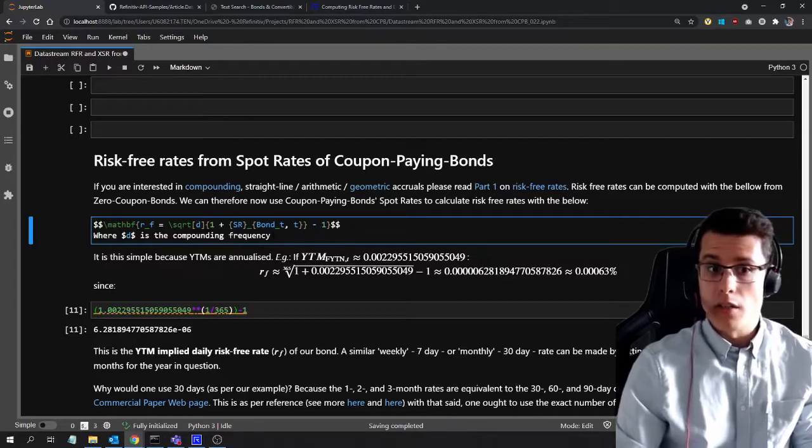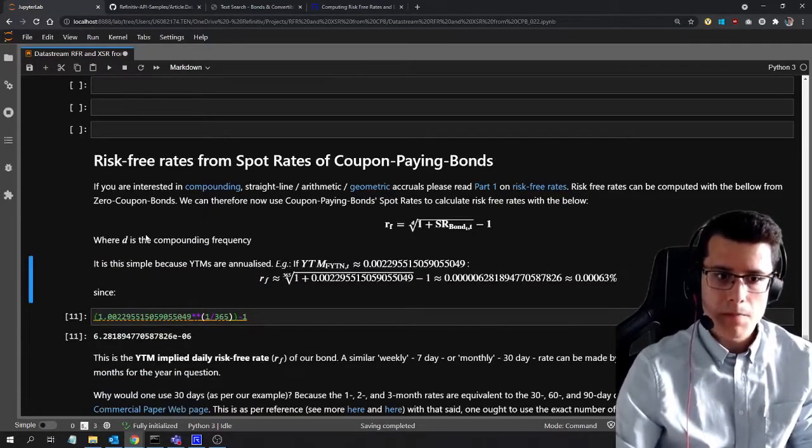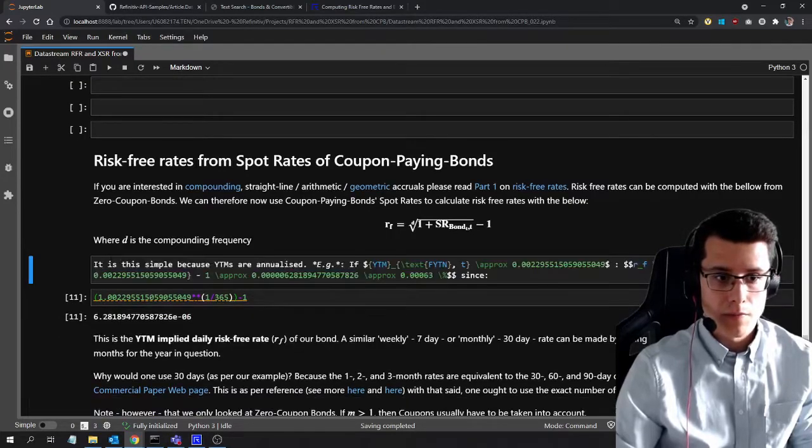And D is the only thing we did not talk about until now. Beautiful. All right, so we've got this. Because the yields to maturity are annualized, we will have to use 365.